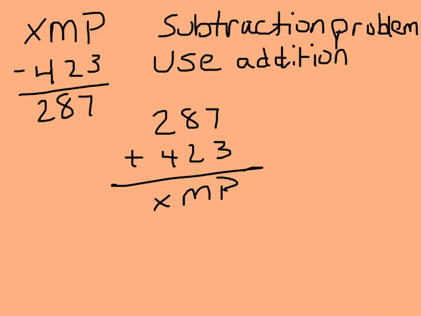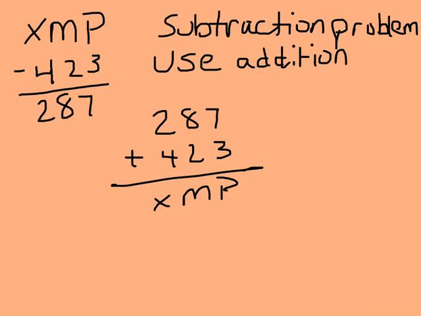Alright, now here we have the top number missing, XMP minus 423 equals 287. Well, if we're going to take 423 away from it, and we're still going to have 287, then XMP is going to be a fairly formidable large number.